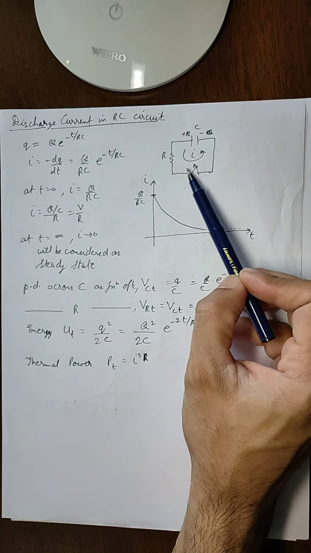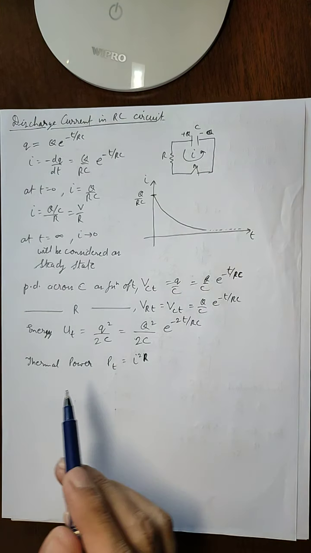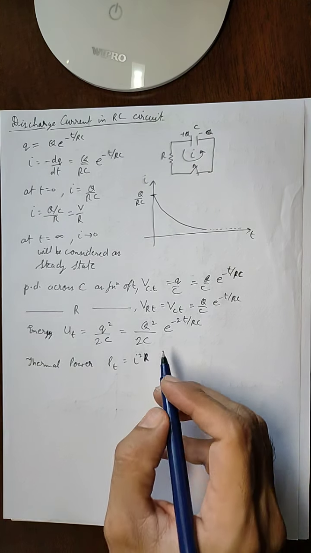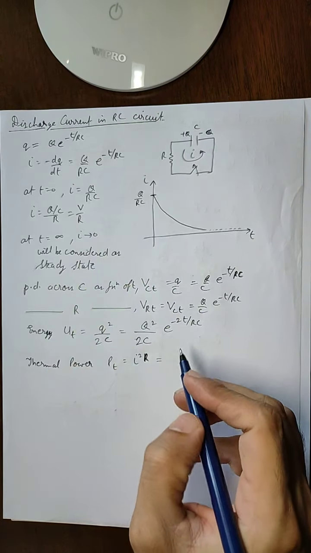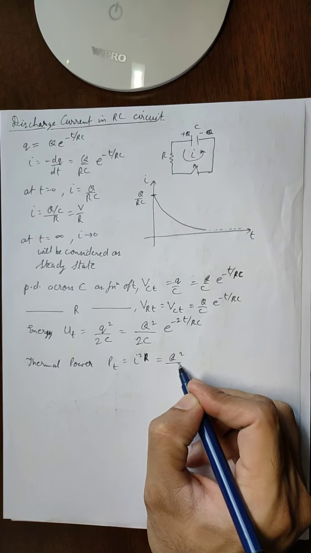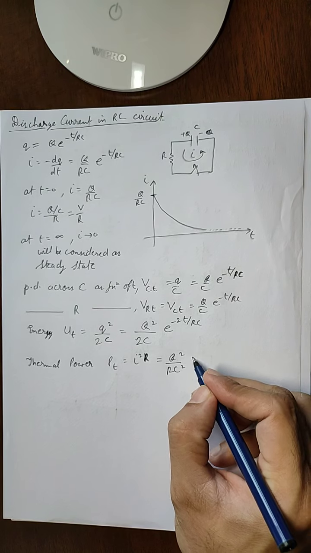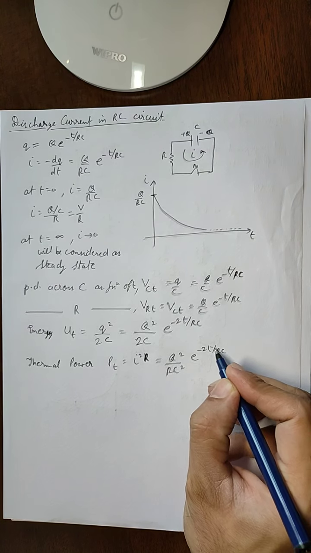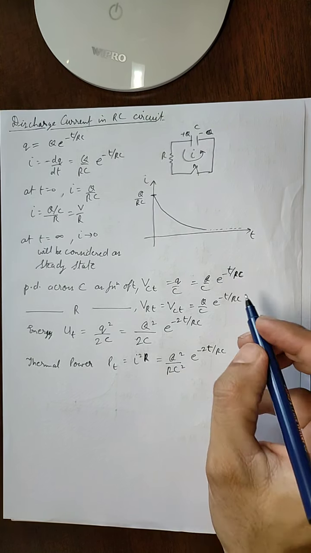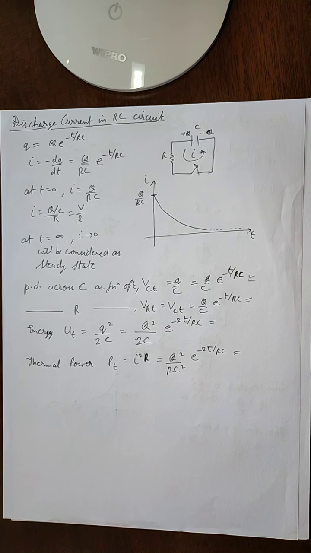Whatever resistance the conducting wire has, it will produce heat. So it will be given as I square R, and we can put the value of I from above, and we will get this expression. So these will be the values of various parameters during the discharging of the RC circuit.